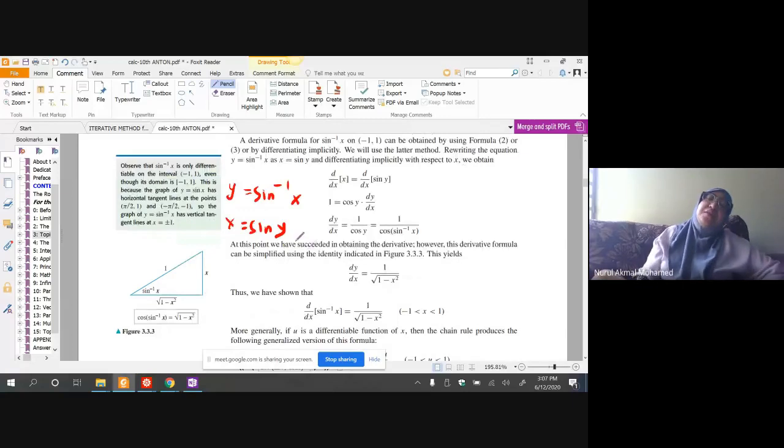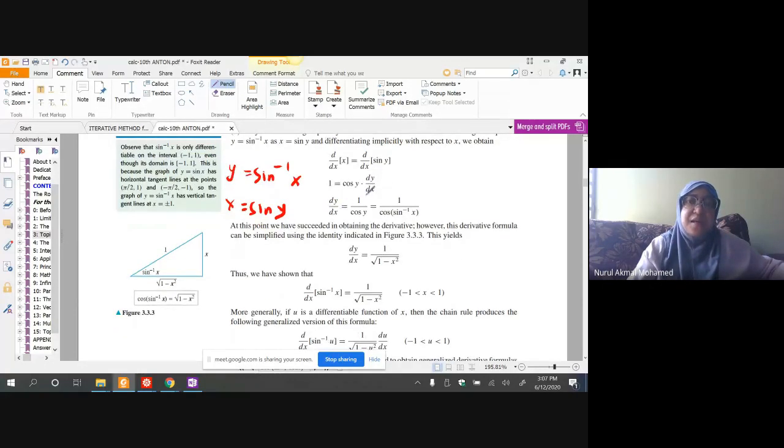In other words, you take implicit differentiation. You differentiate x with respect to x, you get 1. You differentiate sine y, you get cos y. Since you differentiate with respect to x, you have to write down dy dx.